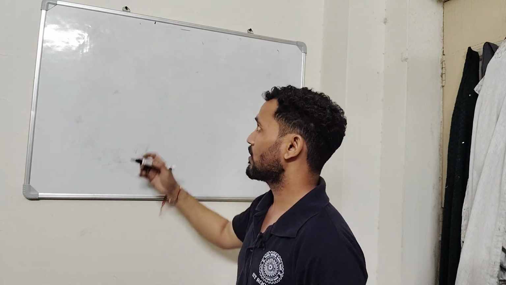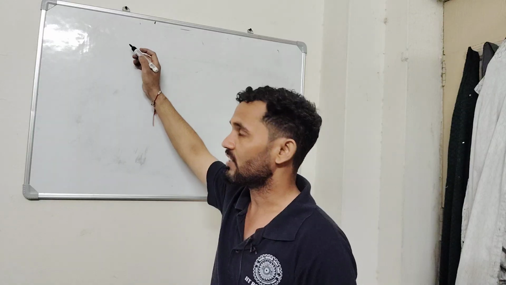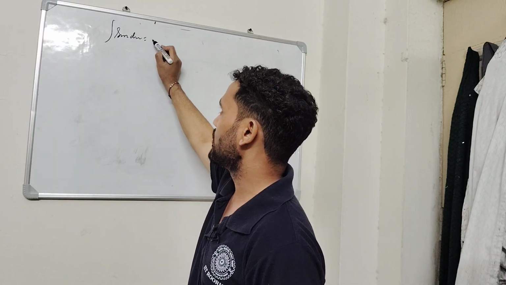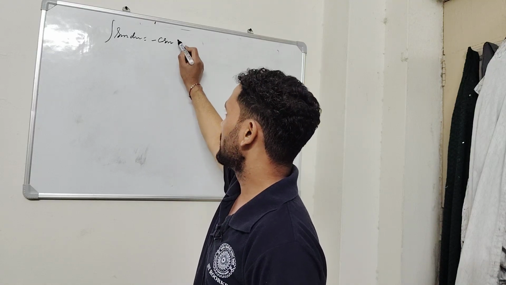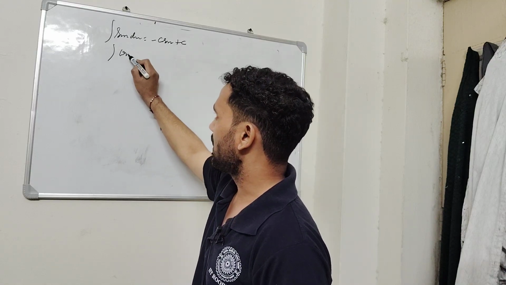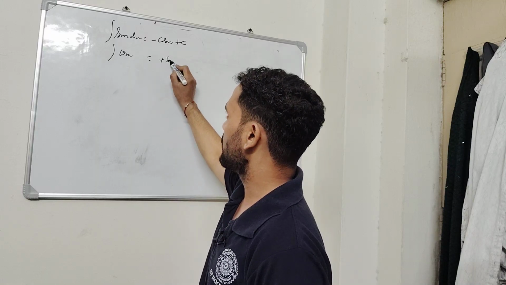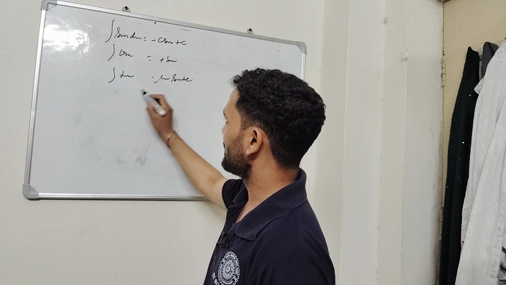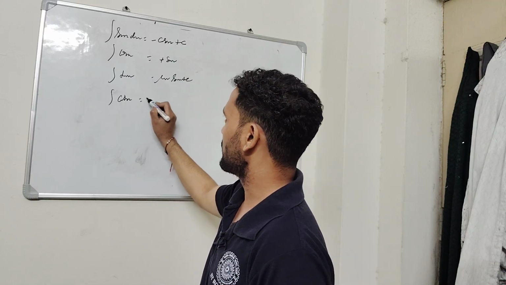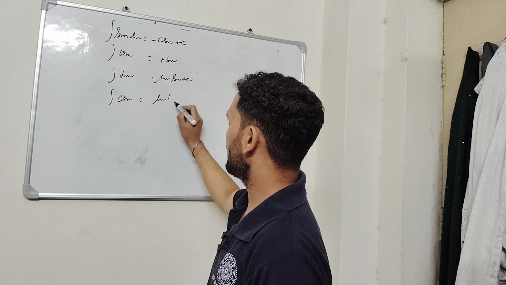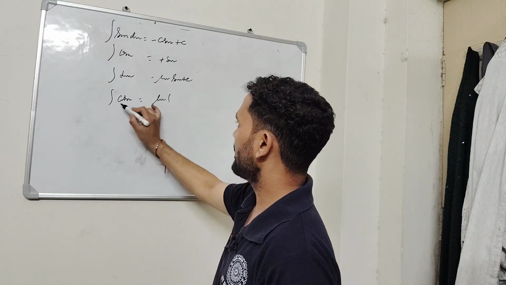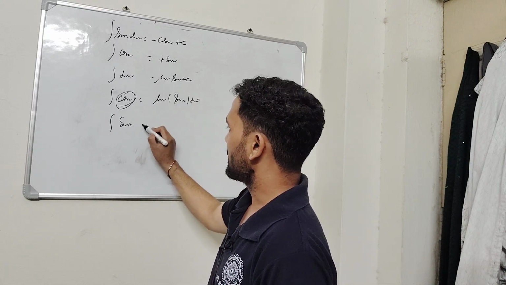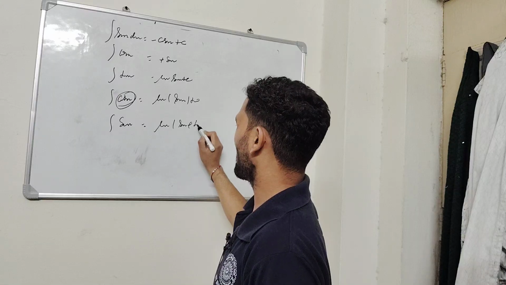So there are several formulas which are used for integration. The integral of sin x dx is equal to minus cos x plus c, cos x is equal to sin x plus c, tan x is ln sec x plus c, cot x is equal to ln sin x plus c, sec x is equal to ln sec x plus tan x plus c.